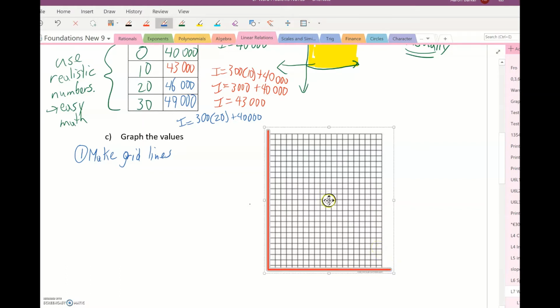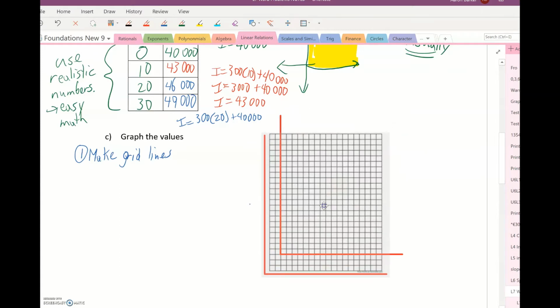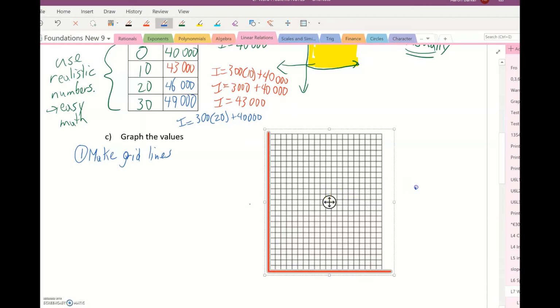Now, if it doesn't work out, sometimes you actually have the lines right here, and then you can graph easier and make your scale easier. For me, I've done these notes before, so I know I'm going to put my grid right here. Okay, and so now I can figure out my scale.